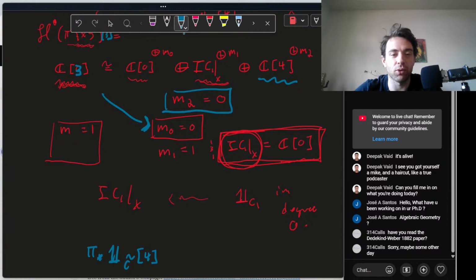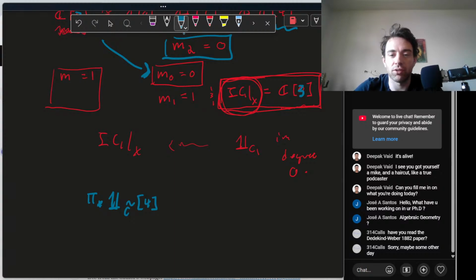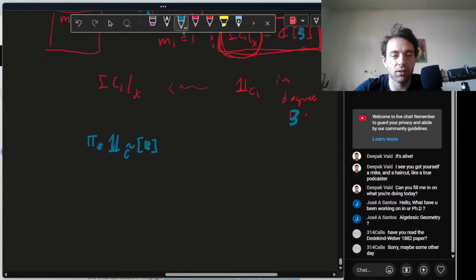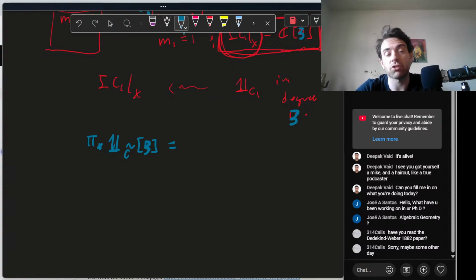We're immediately forced into concluding that M0 is 0. Whew, okay. Caught ourselves making that mistake. So this is in degree 3. Now we go back to here. We know that M0 is 0. Again, we actually could have said that right away from the inequality from the semi-smallness condition.